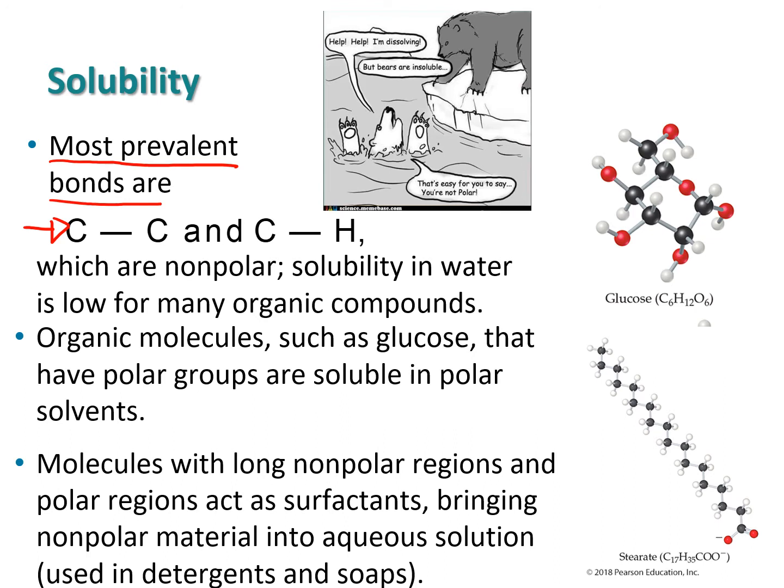These bonds are nonpolar, and what this means is that they don't have a huge difference in polarity, which makes for a more equal sharing of electrons in the bond. So what this means in terms of solubility, whether it dissolves in water, for example, is that water is very polar. So that's something to note, that water is extremely polar.